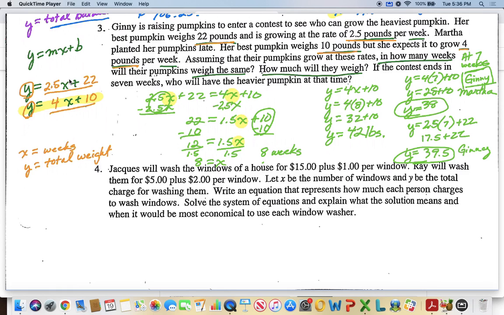In 8 weeks, both pumpkins weigh 42 pounds.